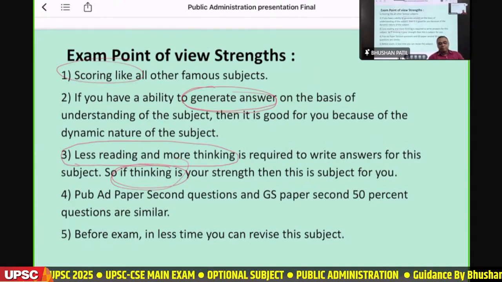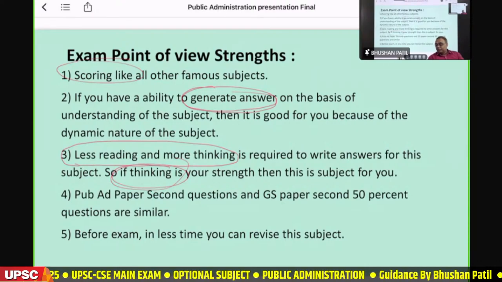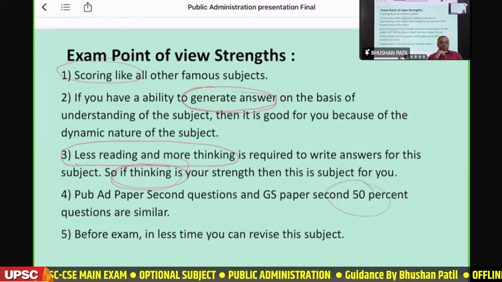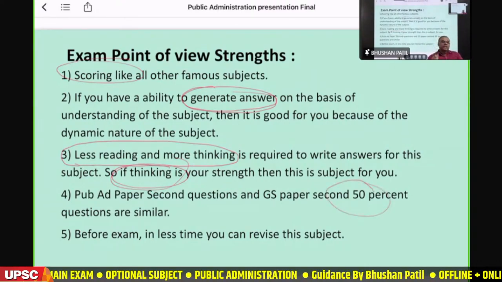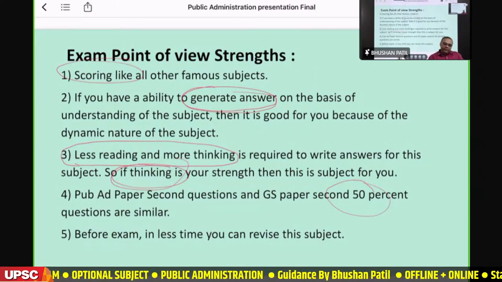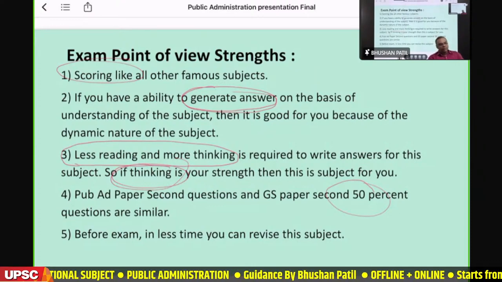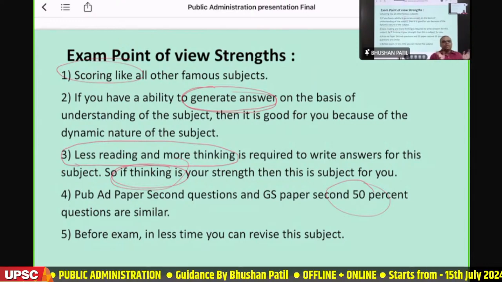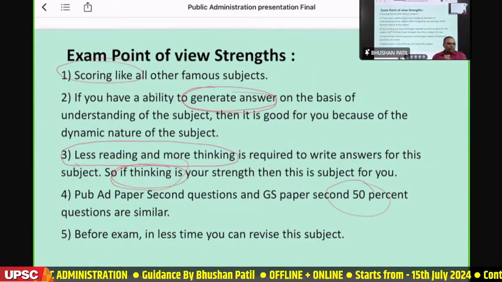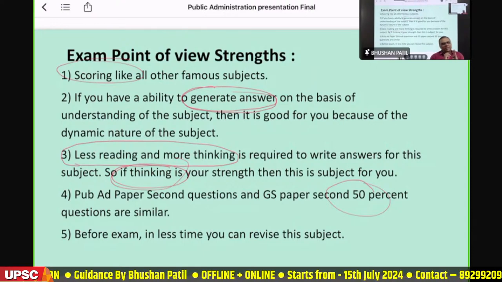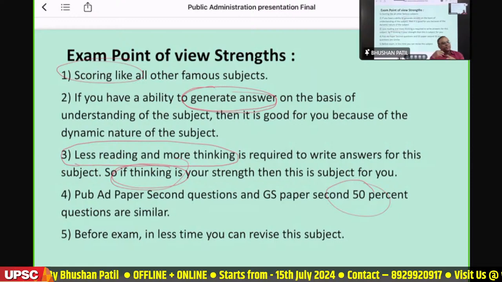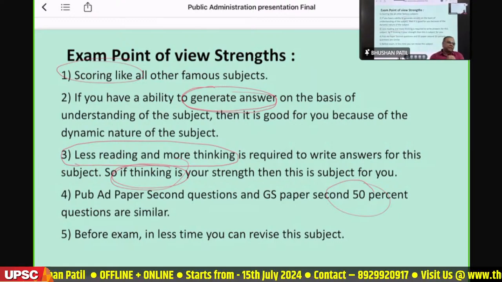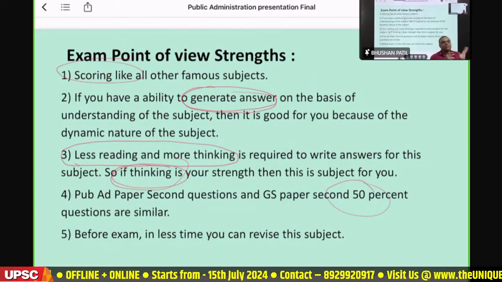Public administration paper 2 and GS paper 2 are 50% similar; those questions are more or less similar. When you study GS paper 2 and our public administration paper 2, you will see those questions are more or less similar. In GS, the perspective is general, not very theoretical. But in public administration paper 2, we try to bring some thinkers also.